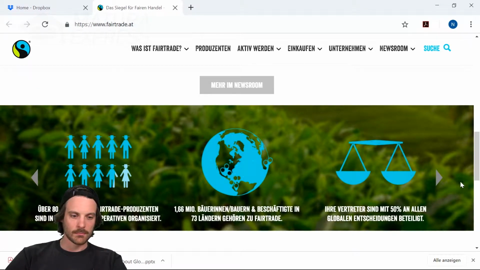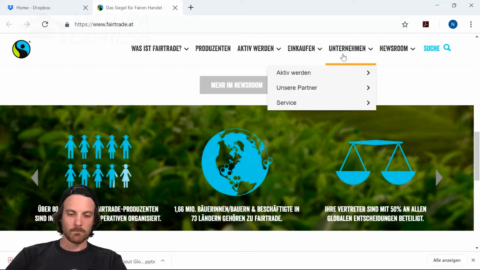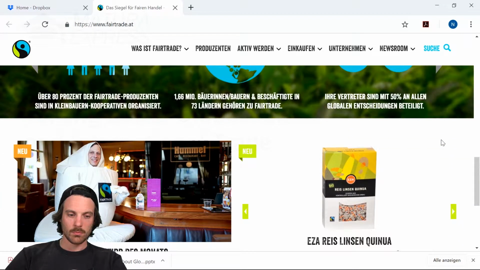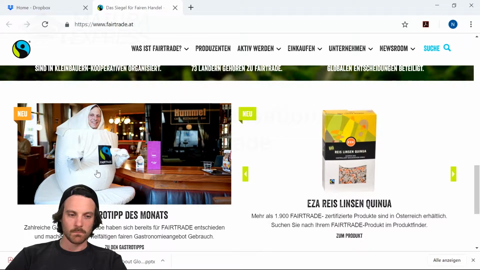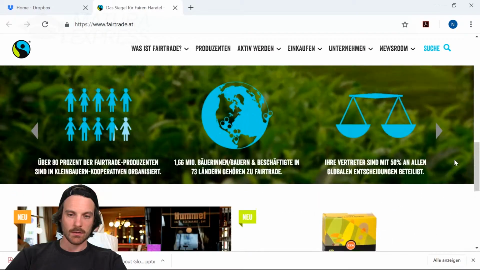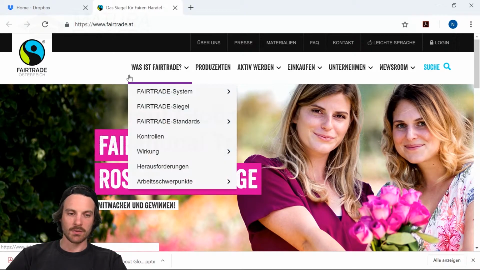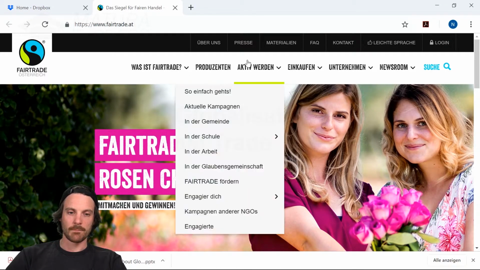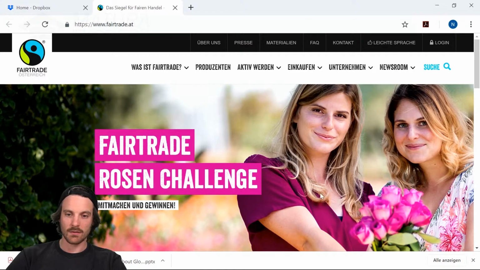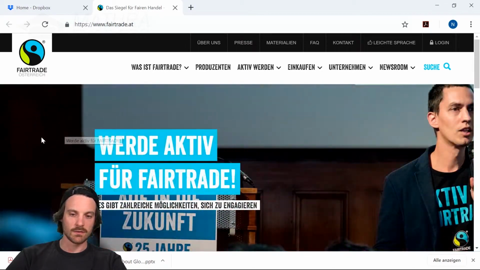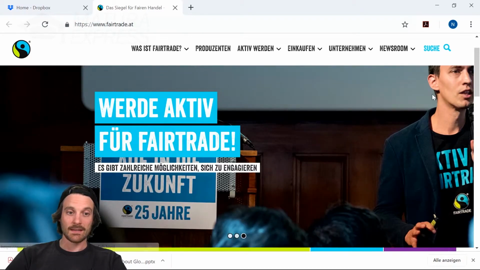For example, in this case it's all about the farmers, organized in small corporations, or coffee, quinoa, how to shop, the producers, how to support fair trade Austria, and so on and so on and so on.